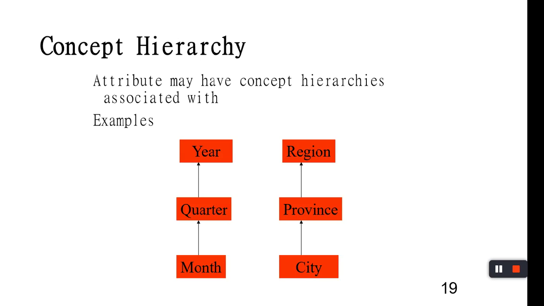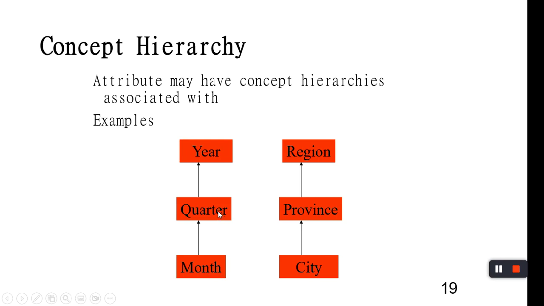Okay, so in concept hierarchy, you could use this in your drill down function and roll up function or operation. So attributes may have concept hierarchies associated with. For example, what was presented is a month, but if you aggregate those months, you can get a quarter.